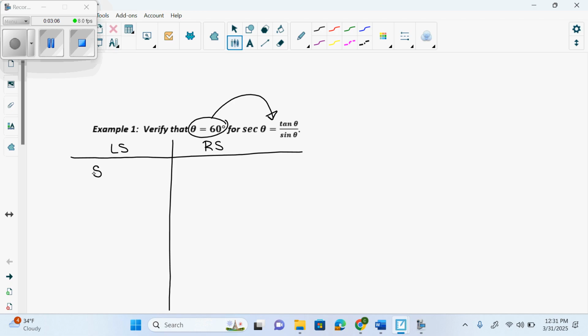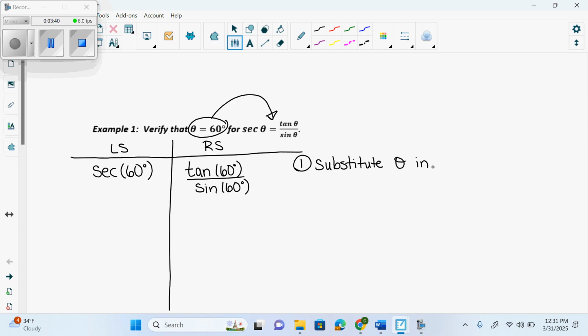So we're going to go secant 60 degrees, and then we're going to get tan of 60 degrees over sine of 60 degrees. So the first step is to substitute theta in.